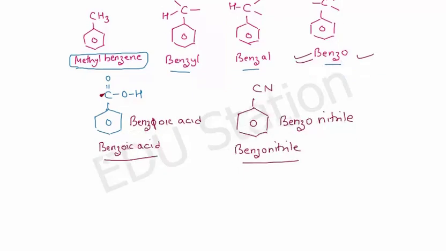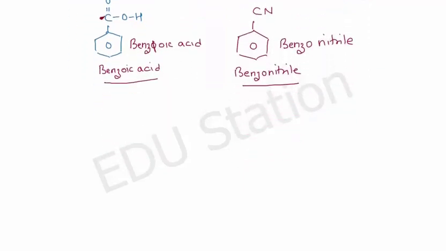Now likewise, acid chloride is the derivative of acid. It is C double bond O Cl. When acid chloride is preferred, we write benzoyl chloride.